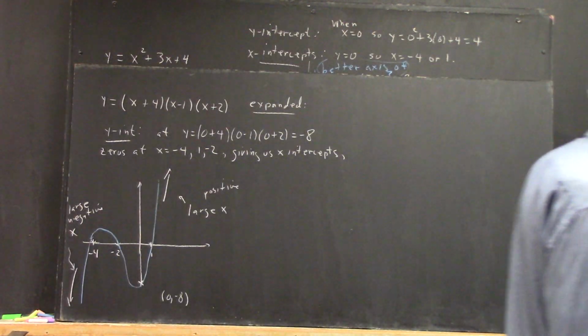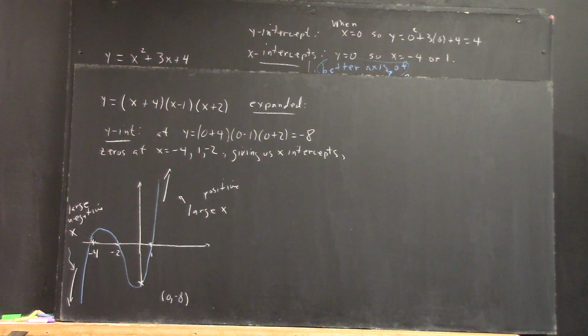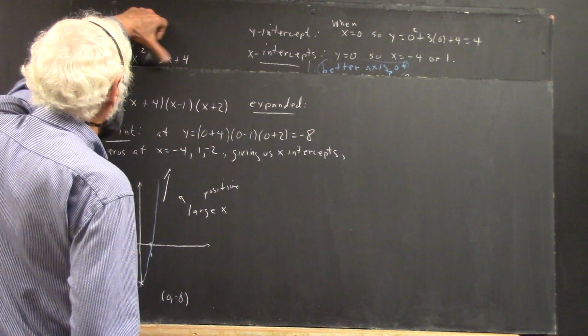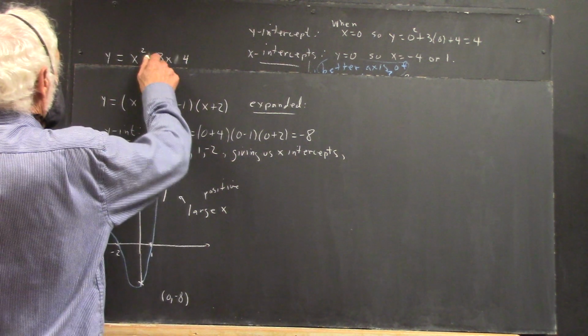Yeah, I did something really ignorant before. Let me double check. It was x squared minus 3x minus 4. So I had the wrong sign, so I wrote it down carelessly.